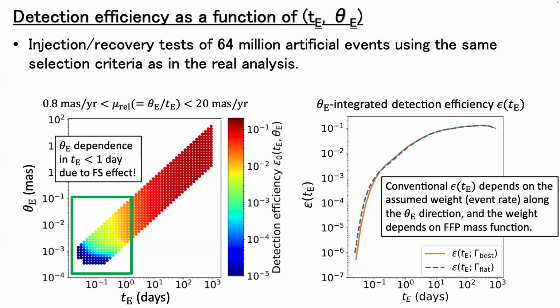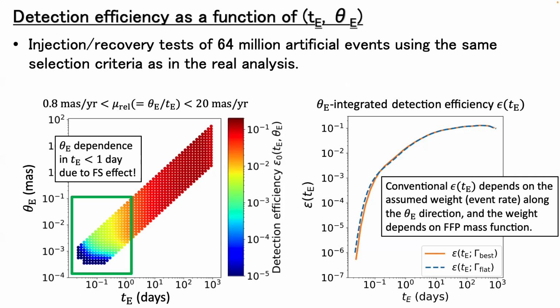And when you try to calculate the 1D detection efficiency using this, you need to assume the weight of each grid, or each value of tE and theta E, which corresponds to the event rate at that tE and theta E value.